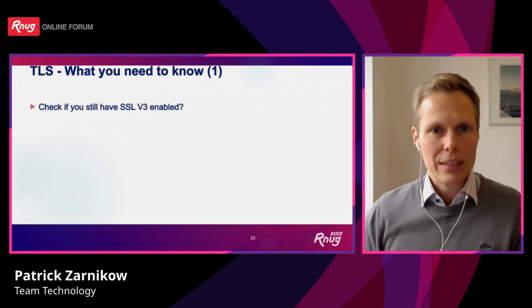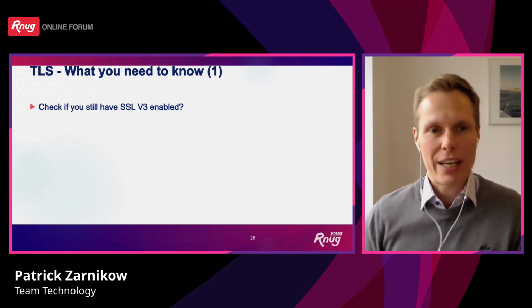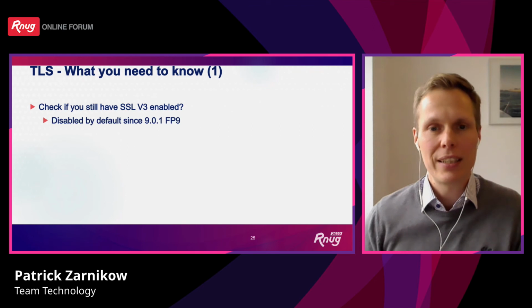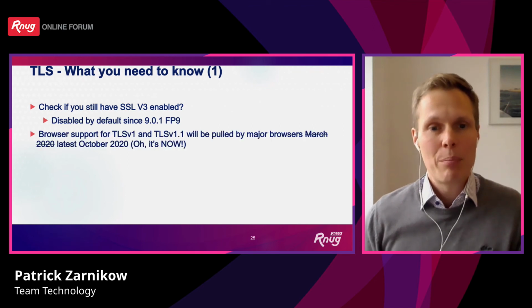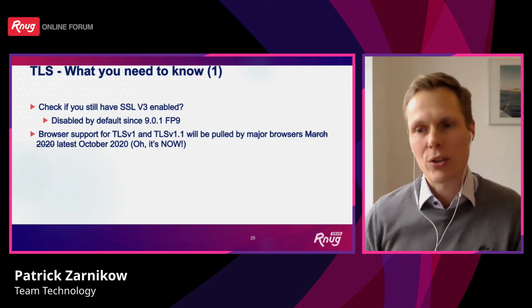So what you need to know, like we heard before, is to check if you still have SSL version 3 enabled. The interesting part here is that it's disabled by default since Domino 9.0.1 fix pack 9. Before that, it's not disabled, so you have to disable it. Check the browser support, because it's already pulled.